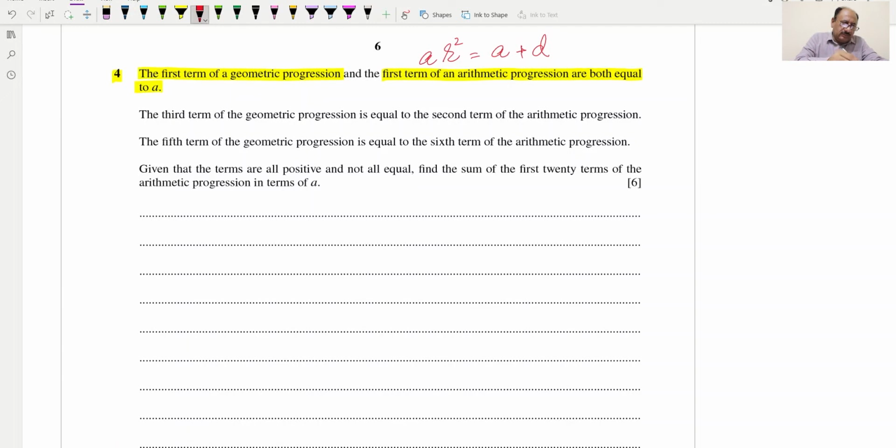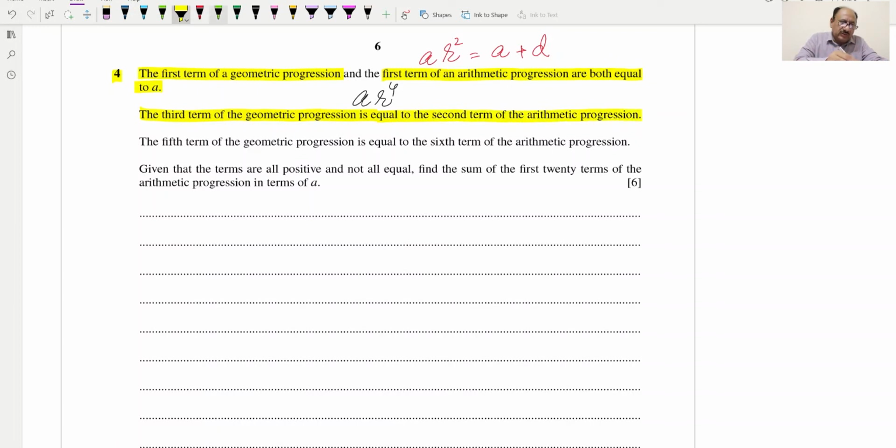The third term, then they are saying the third term of geometric progression, we can write a r raised to the power 4 equal to the second term of arithmetic progression.